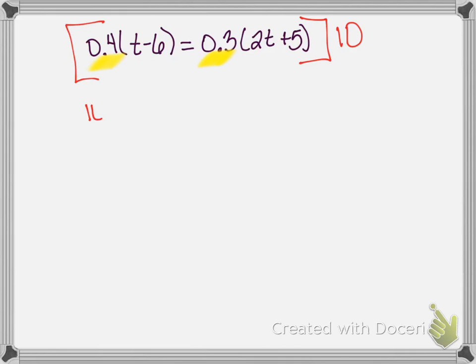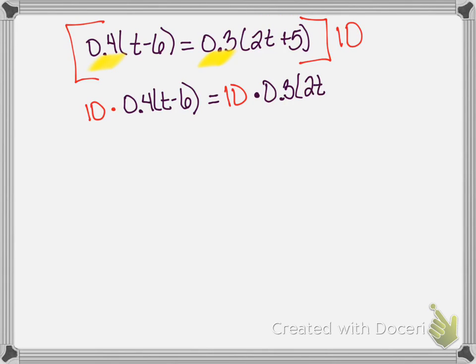So I'm going to multiply 10 times 0.4. And that 0.4 is already being multiplied times t minus 6. Then I'm going to say 10 times 0.3, and that 0.3 is already being multiplied by 2t plus 5.